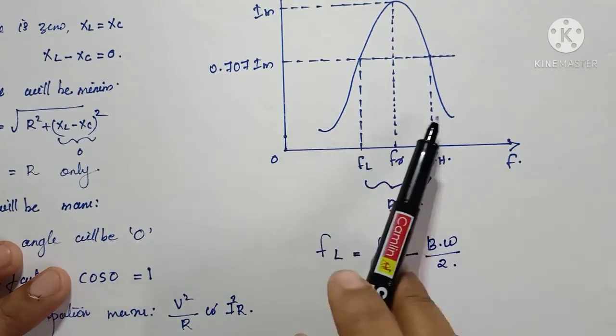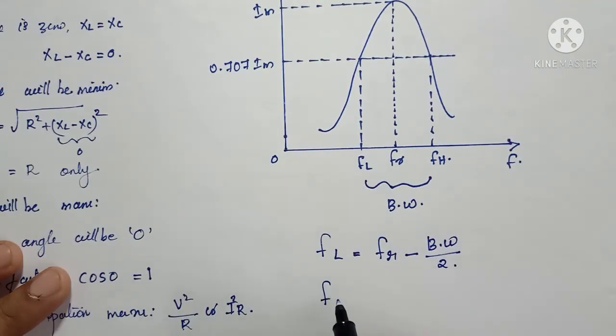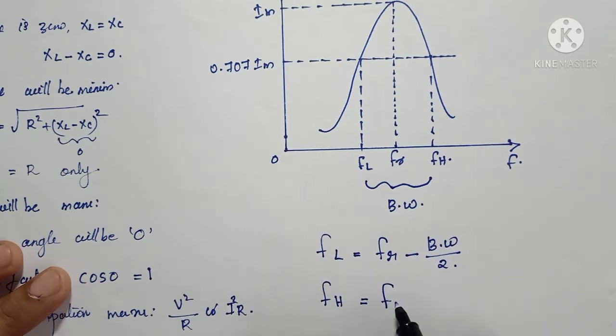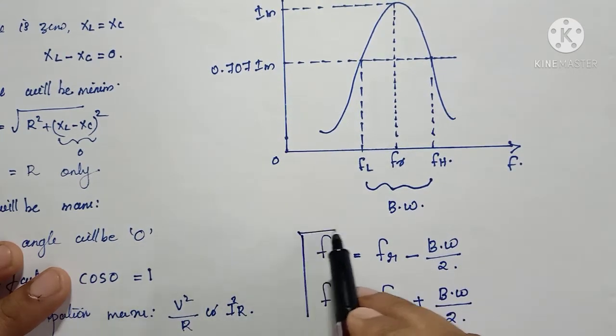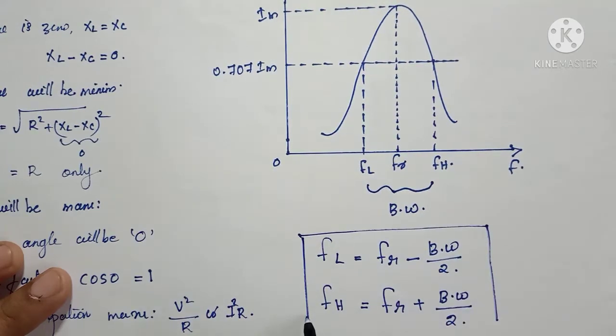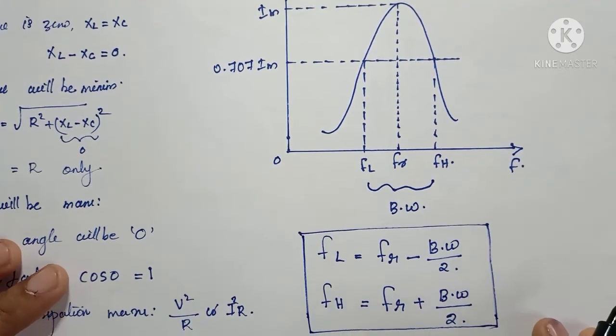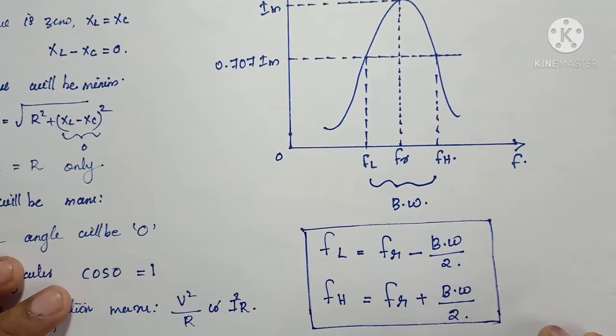And upper cutoff frequency FH is nothing but the sum of the resonant frequency with half of bandwidth. We can remember these points also for solving problems. It is very important.